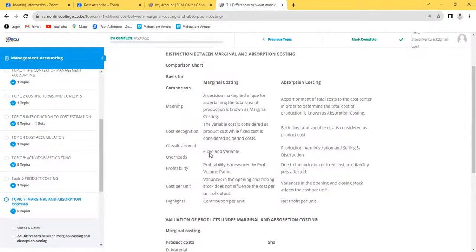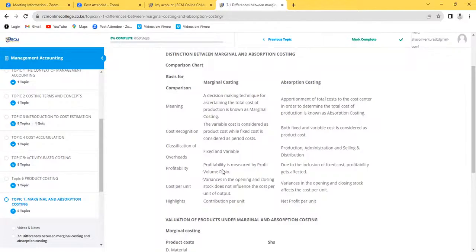On classification of overheads, marginal has fixed and variable, while absorption has production, administration, selling, and distribution. That is, under absorption costing we only know production costs and non-production costs, where the non-production costs are classified into administrative, then selling and distribution costs.